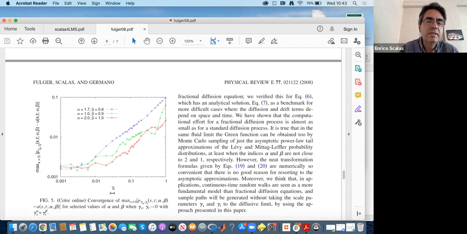So this is the scaling parameter becoming smaller and smaller as you go from right to left, and this is the distance between these two functions also becoming smaller and smaller as you reach 0.001. At the beginning, this is quite a steep convergence, and then it becomes much slower.